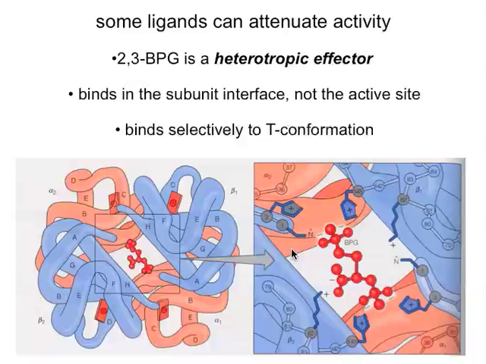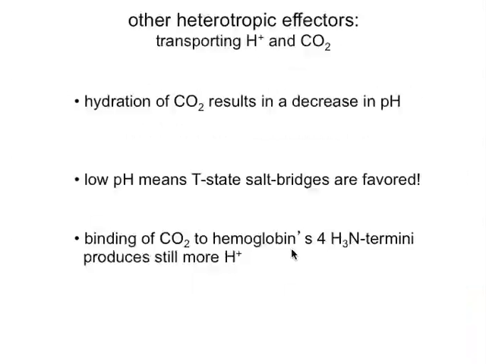I want you to think about the effects of changing the bisphosphoglycerate concentration, and we're going to work on problems related to that in class. So the negative heterotropic allosteric effector being an effector that attenuates or decreases the activity or the function of the protein.